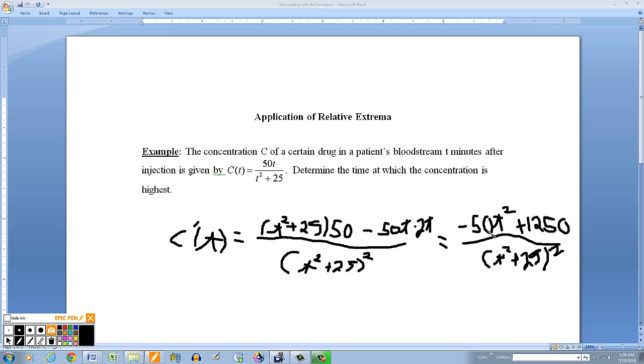So I take this minus 50t squared plus 1250 and set it equal to 0. I would take the 1250 over and divide by negative 50. So t squared will equal negative 1250 divided by negative 50. This is the same thing I did in the earlier video. I get t squared is equal to 25.